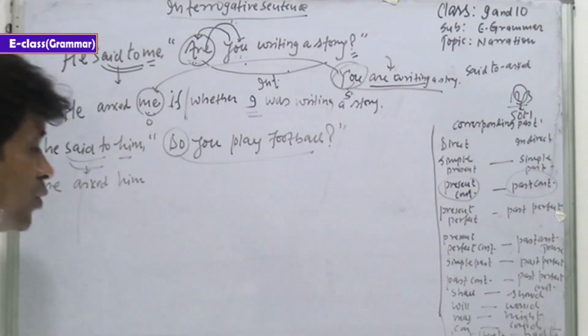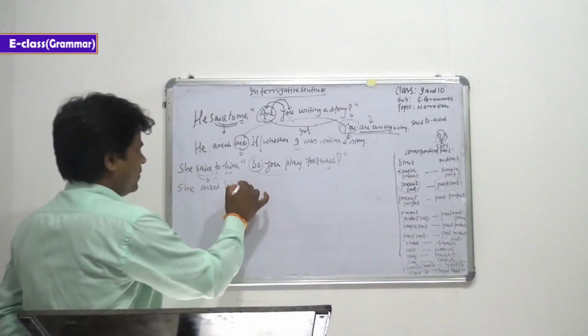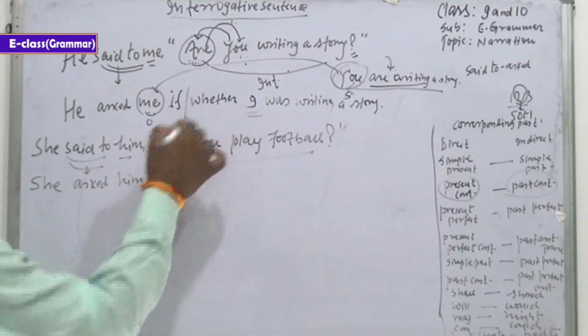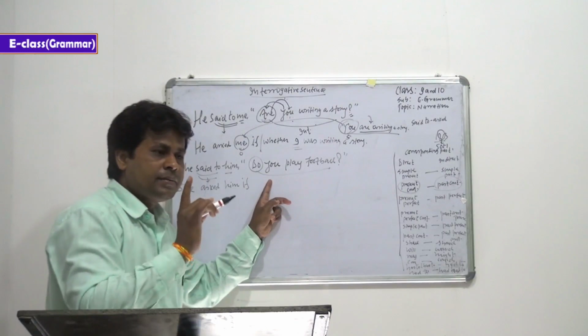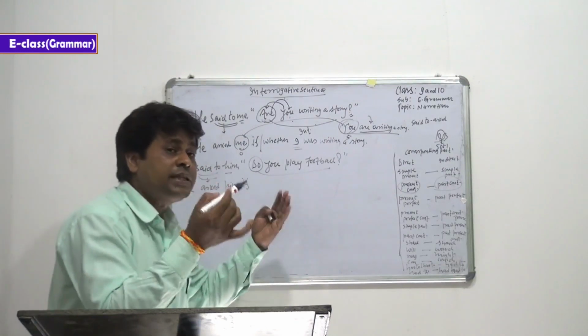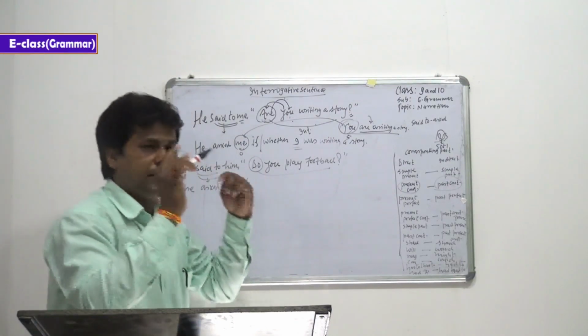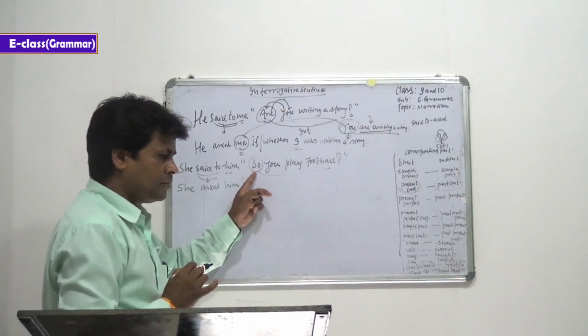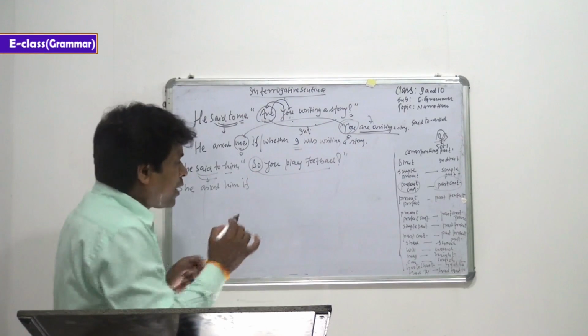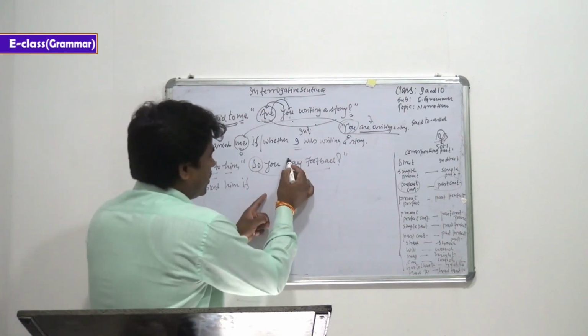Now what conjunction will you use over here? If or whether, anyone. Because this sentence has begun with an auxiliary verb. So if. Now again change this into a statement.